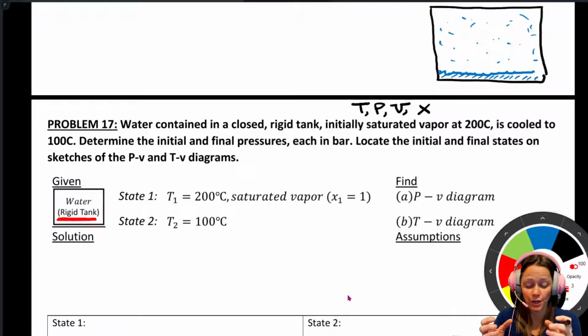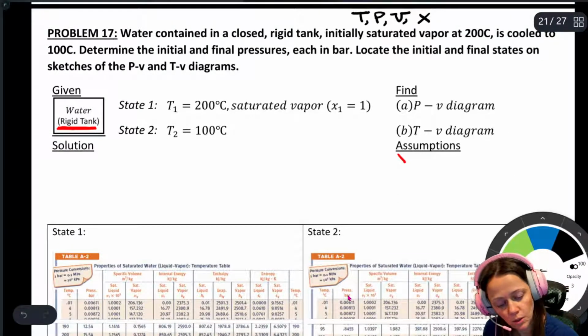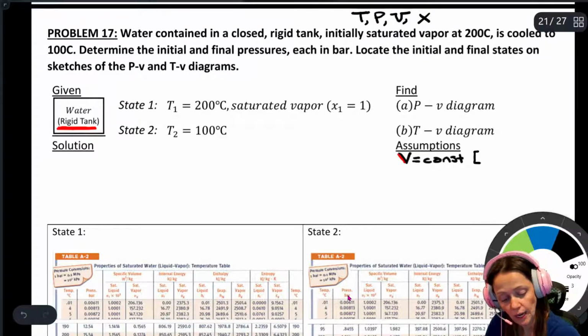So you're not going to have expansion. And conversely, if your pressure decreases, those walls are not going to cave in. They're going to stay rigid. And what that means is that the volume is going to be constant. So the volume at 1 is the same as the volume at 2, and that's because it's a rigid tank.